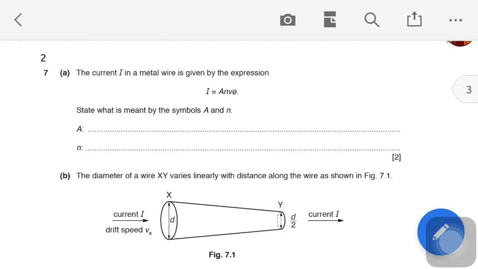Hence N will be the number of free electrons per unit volume.